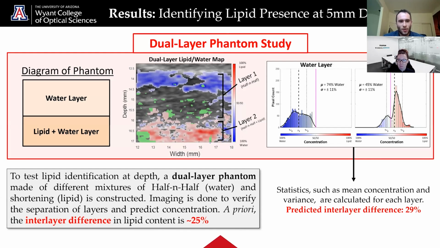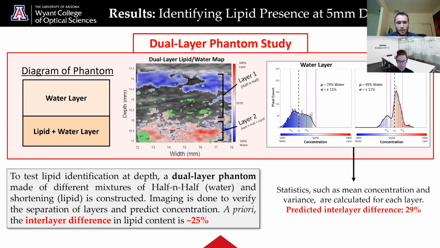So we're using half and half as an emulsifier to help bind the lipid and water together so that we can easily mix them and create a more or less homogeneous sample. We didn't want regions of really high lipid where the water and the lipid didn't mix; we wanted a sample as consistent as possible. So while we did add water and half and half, we had to use half and half as an emulsifier to bind the water and lipid.